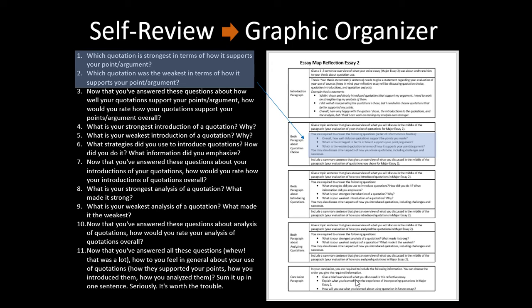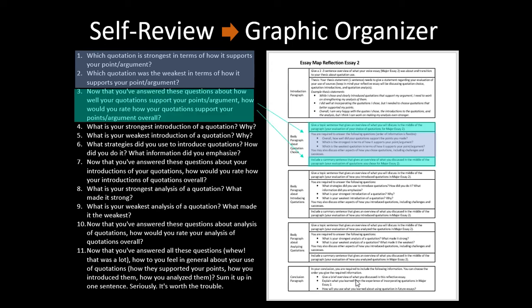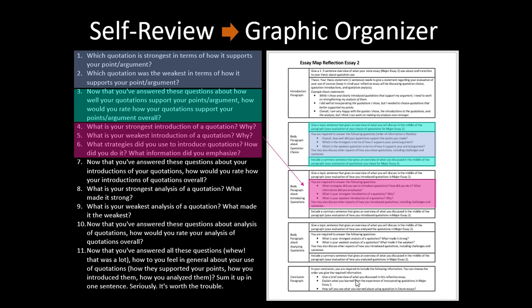In the self-review, questions 1 and 2 are about how you chose your quotations, and those go to form the middle of your body paragraph about quotation choice, the portion highlighted in blue. Question 3 gets you the keywords and key ideas that you need to put in the topic and summary sentence of that paragraph. It is about your overall evaluation of your quotation choice. Questions 4, 5, and 6 are the middle of the body paragraph about introducing quotations.